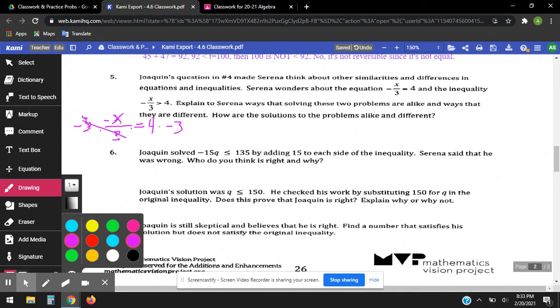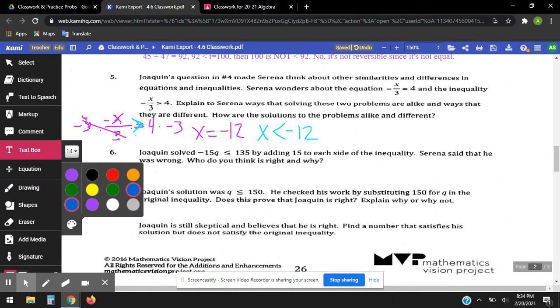And so therefore x equals negative 12. Now the only difference when we do this the other way is that we have a greater than sign here. So we do the exact same thing, times a negative 3, except x is less than, we'd switch that sign, negative 12.